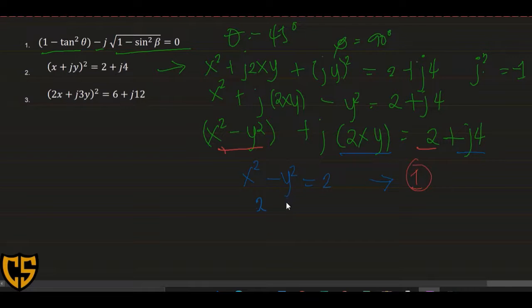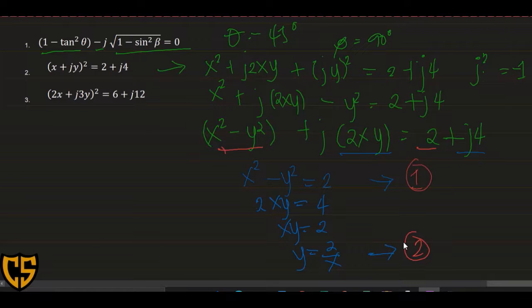So we have 2xy is equal to 4. So we could divide it by 2. We'll have xy is equal to 2. Y natin will be equals to 2 over x. And this will be our equation number 2.